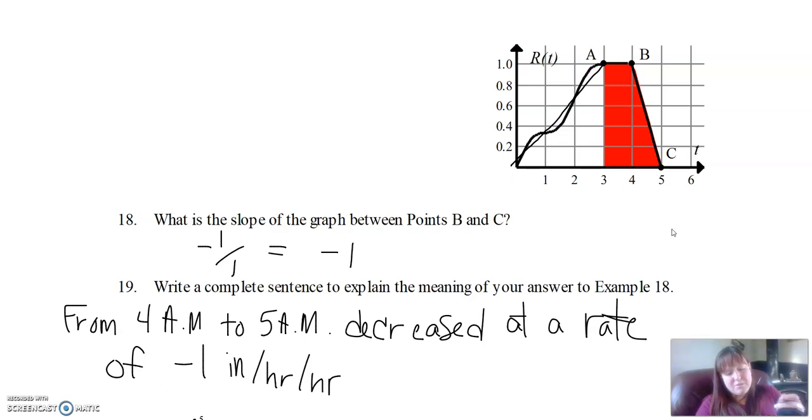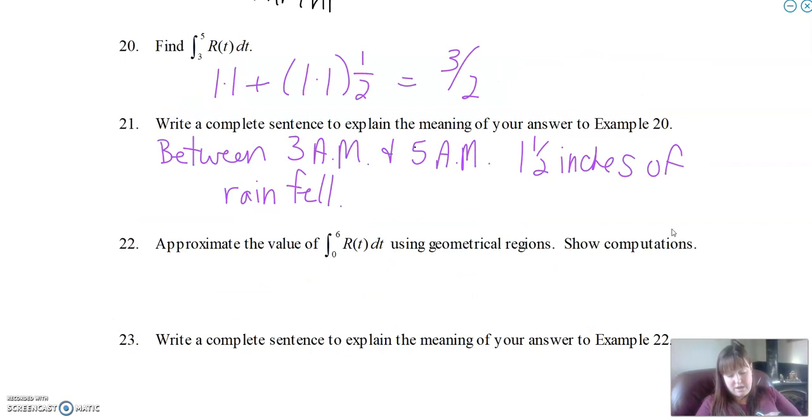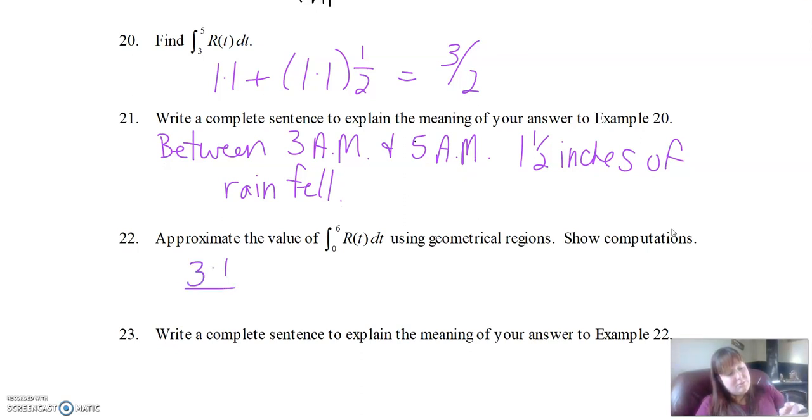But those make up for each other because we're just getting an estimate. So our very first triangle is a 3 by 1. And then we add that to what we already have. So our very first triangle is 3 times 1 over 2, because that's how we find the area of a triangle, and we add that to the 3/2 we already have. So we end up with 3/2 plus 3/2, which is 6/2, which is 3 inches.